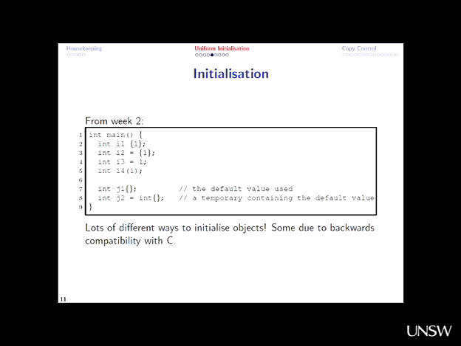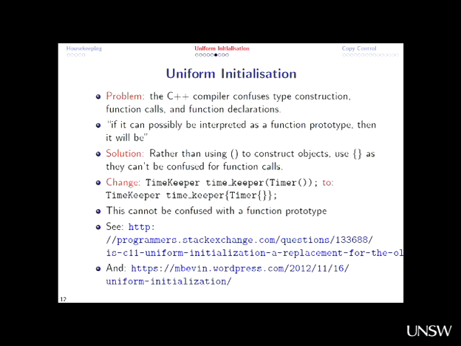So the way in which we fix this, before I tell you how to fix this, the problem is C++ confuses type construction with function calls and function declarations, as we've seen on those couple of slides previously. And basically a quote here is, if it can possibly be interpreted as a function prototype, it will be.